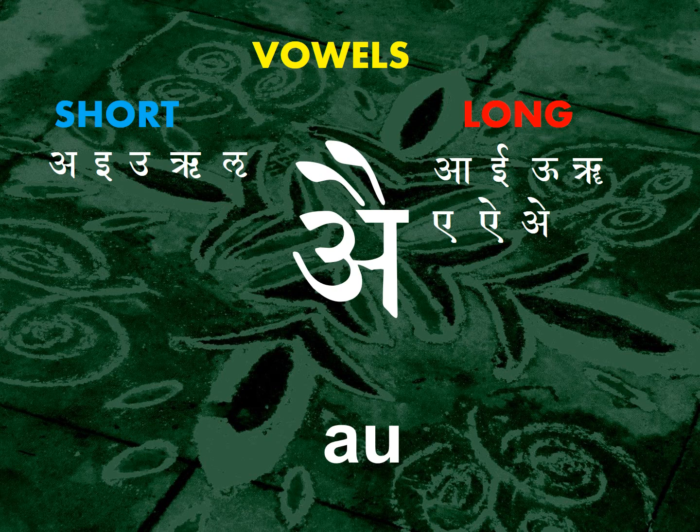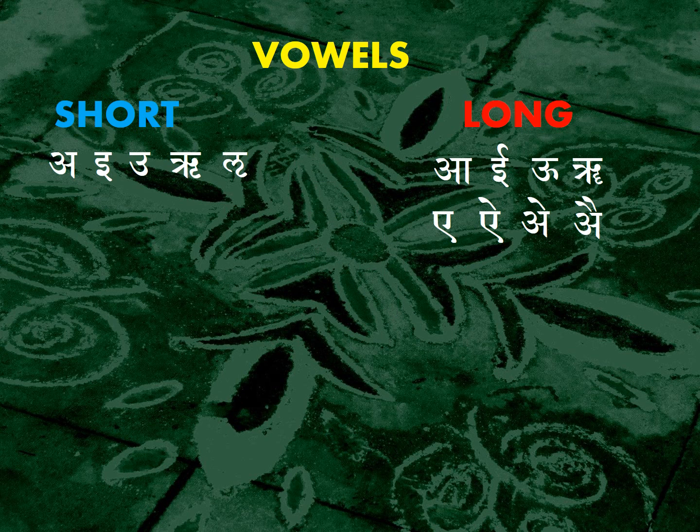In Hindi it would be a, but it probably was pronounced in ancient times as au. So here we are: a, i, u, ṛ, ḷ, ā, ī, ū, ṝ, e, ai, o, au.